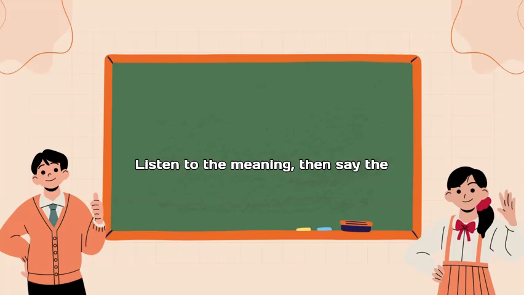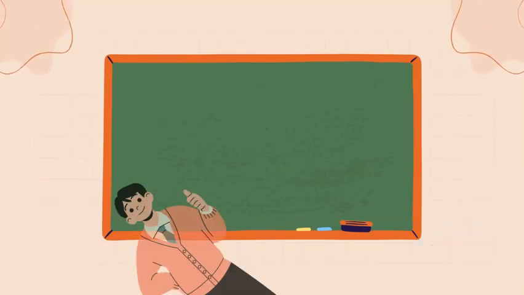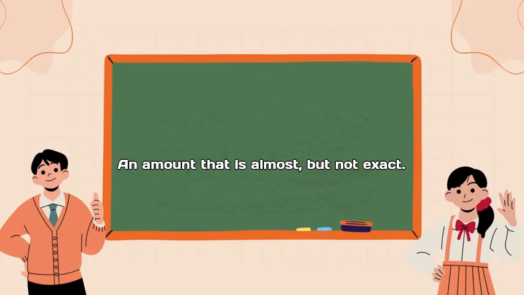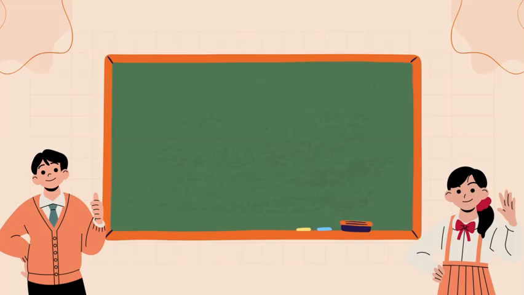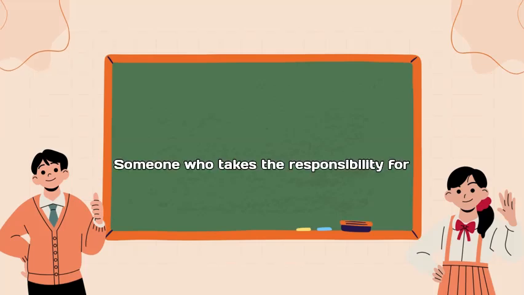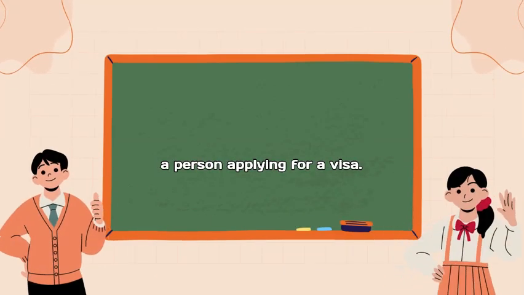The English Pod Audio Review. Listen to the meaning, then say the vocabulary word. Stay. Remain. An amount that is almost but not exact. Approximately. Someone who takes the responsibility for a person applying for a visa.